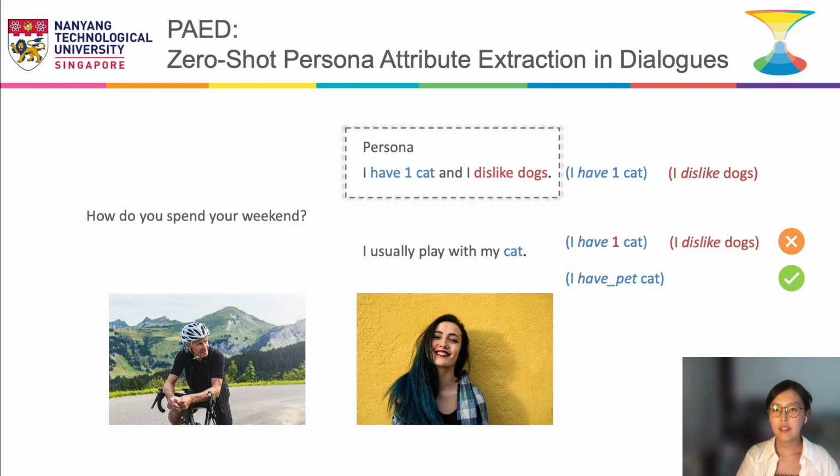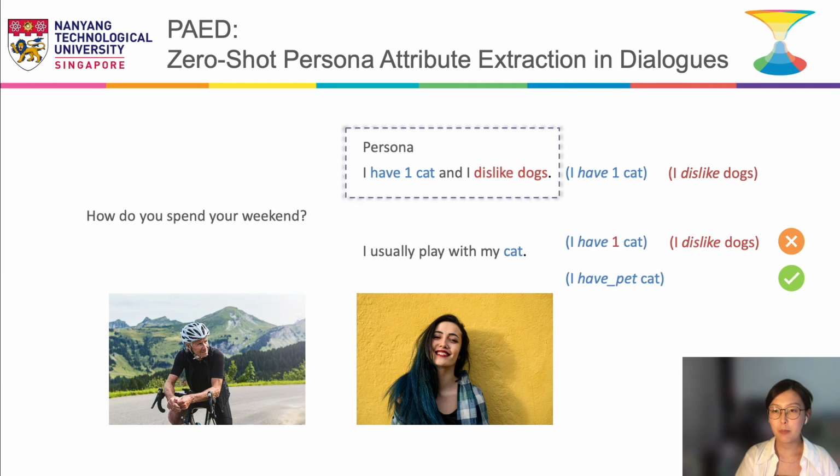However, I dislike dogs is external information and cannot be reflected by the attribute, which is inconsistent with I usually play with my cat, and the relation have is less specific than the relation have pet.